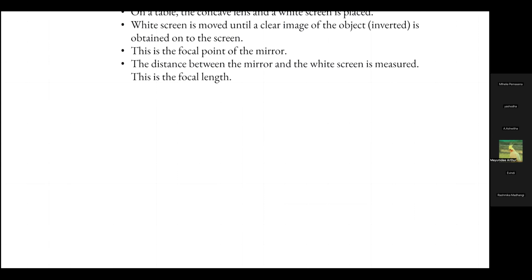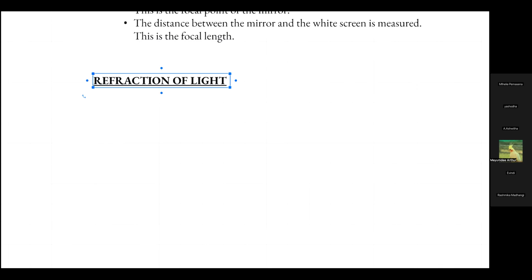Okay. Put a subtopic. It's quite a main topic, refraction of light. A reflection, so this is refraction of light. We should write this. Write the topic, yes.